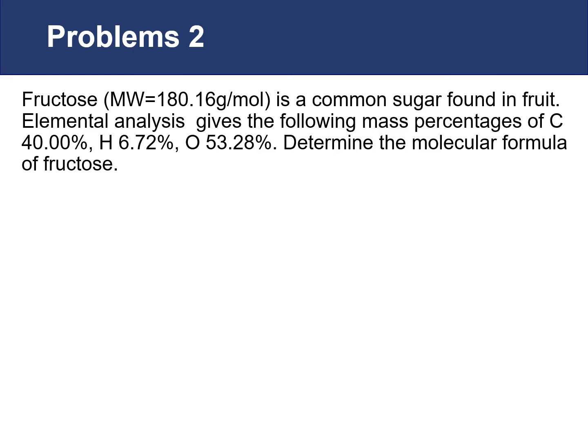So because we have the mass percentages, what we can do is just assume that we have 100 grams of compound, and from that, calculate the empirical formula. We will then use the molecular weight to determine the molecular formula.